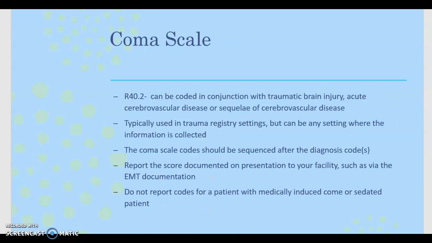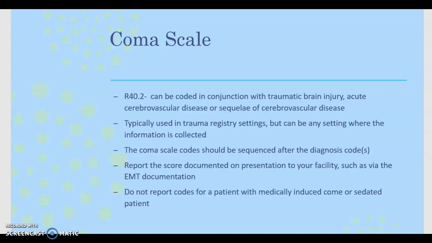The Coma Scale, this is a coding guideline that's in this chapter, and I wanted to just point it out. Many times trauma registry coders, so coders that are working specifically in trauma registry settings, are those that collect this data. But just be aware that R40.2 is the Coma Scale, and it can be used in conjunction with traumatic brain injury, acute cerebrovascular disease, or a sequela of a cerebrovascular disease.